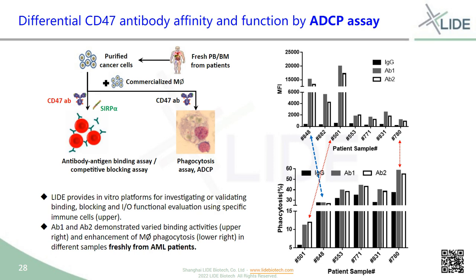Although their binding ability was very robust and clear, particularly for the blue dot line donor, the antibody showed no phagocytosis effect. However, the binding is quite nice compared with the IgG group.